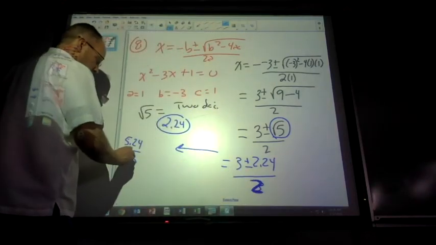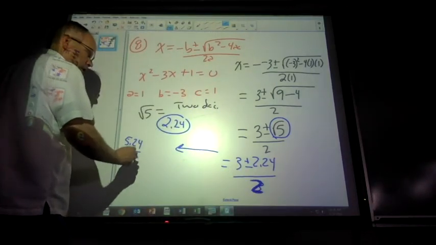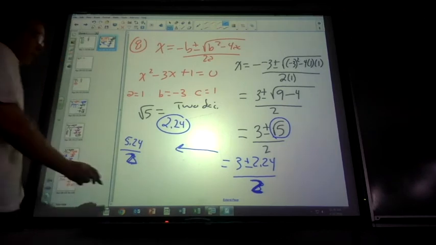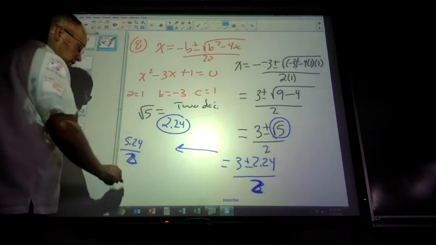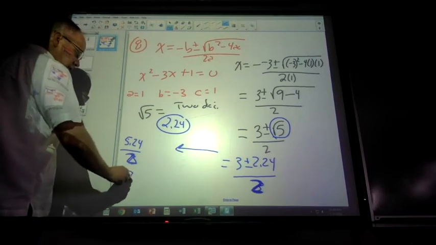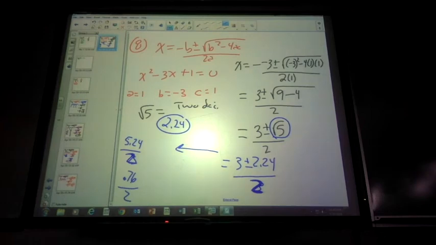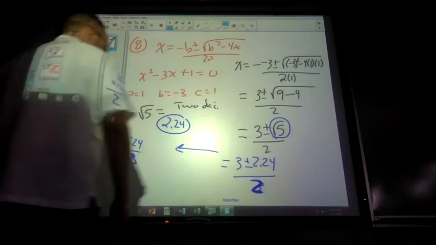That should be over 2 right there. And then 3 minus 2.24, I believe it's 0.76, I think. Do you agree? 3 minus 2.24, 0.76, is that right? I hope. All right, let's go for it.